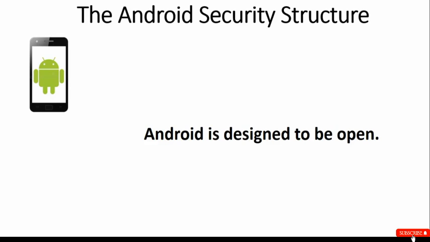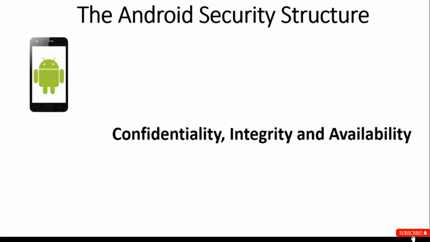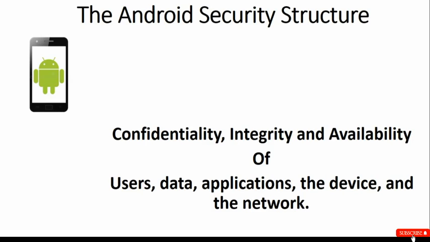Now the beauty is that Android is designed to be open, and one of the challenges is that it is a little less controlled when compared to alternatives like Apple iOS. Google tries to maintain the Android platform to offer an application environment that helps protect the confidentiality, integrity and availability of users, their data and applications, the device itself, and of course the ecosystem as well.